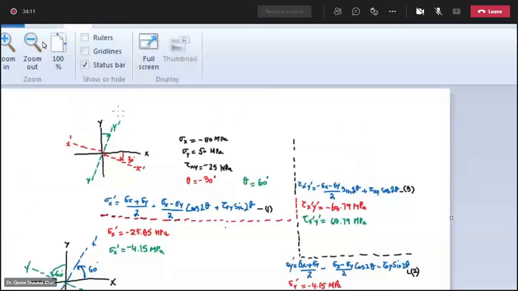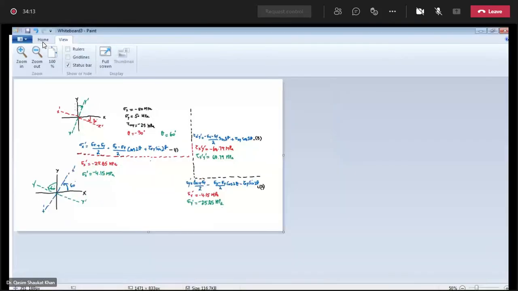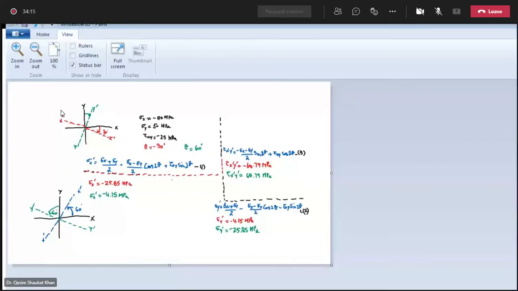Now see this. In this first figure, this is your x dash axis, which is 30 degrees clockwise. Now in this figure, this y dash axis is actually 30 degrees from the x axis. This y dash is exactly at the same orientation as this x dash axis.